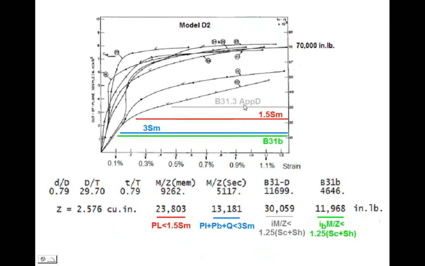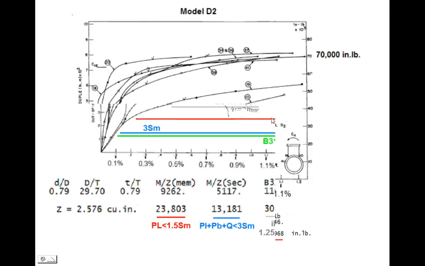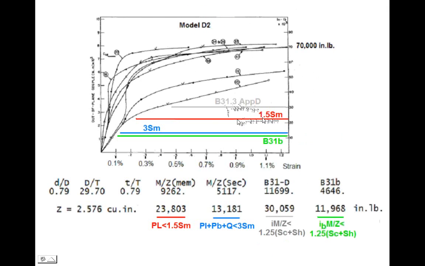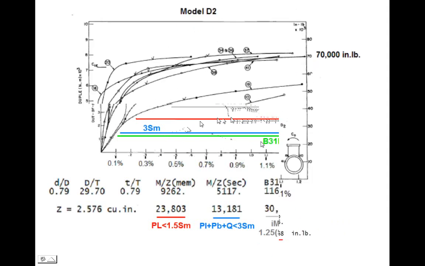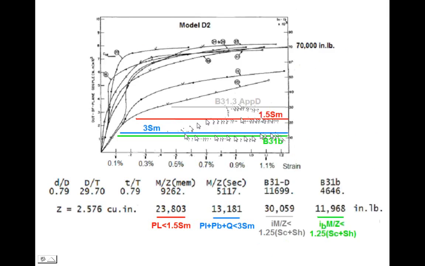So B31.3 Appendix D, the external load calculation that we've been running for piping for the last 50 years, would give us this allowable load. The 1.5 SM requirement would give us this allowable load.